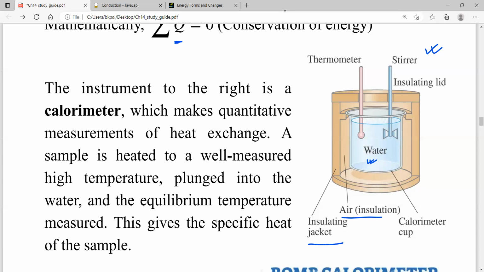When they are in contact, one object loses heat. The sample will lose heat, and the water will gain heat. Then by using the conservation of energy equation, you can determine the specific heat of the sample. We'll be doing some example problems on how to do that, and then it will be more clear how we can measure the specific heat using the calorimeter.